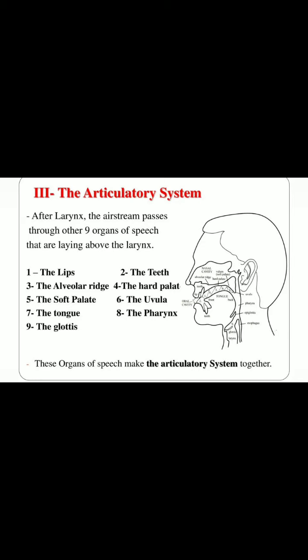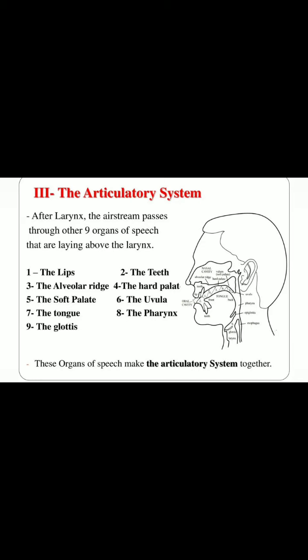The articulatory system. After the larynx, the airstream passes through other organs of speech that are lying above the larynx. These are the lips, the alveolar ridge, the soft palate, the tongue, the glottis, the teeth, the hard palate, the uvula, and the pharynx.